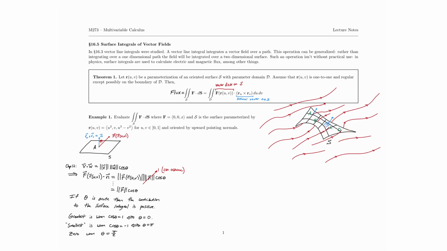And since everything is continuous here, if the angle on this side is acute and the angle over here is obtuse, somewhere in the middle there's got to be a location where the vector field actually switches directions, where maybe it just grazes the surface right here.